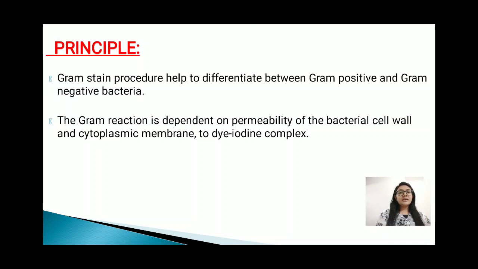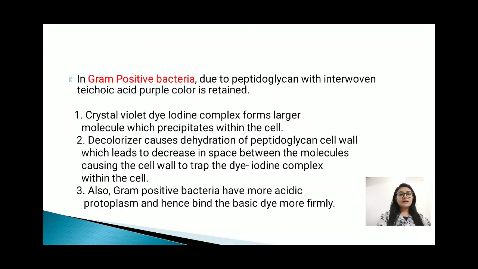Principle of gram staining. Gram stain procedure helps to differentiate gram positive and gram negative bacteria. Gram reaction depends on permeability of bacterial cell wall and cytoplasmic membrane to the diiodine complex. In gram positive bacteria, due to thick peptidoglycan layer with interwoven teichoic acid, purple color is retained.